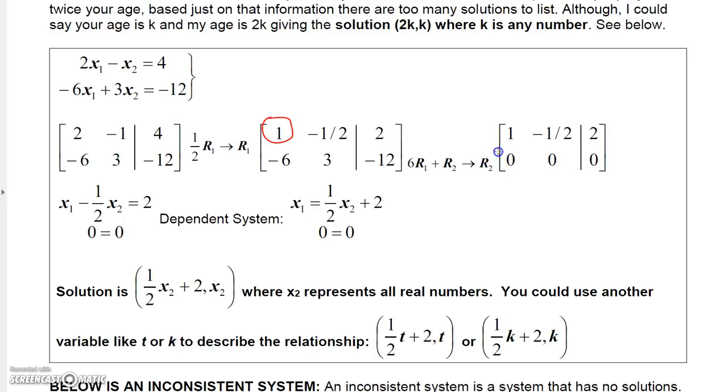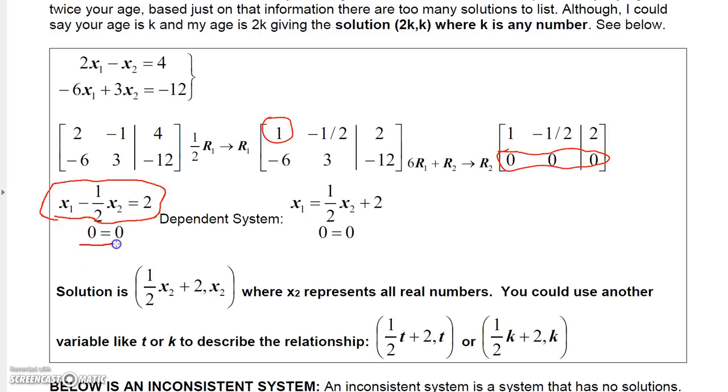When that happens, we basically get two equations. The first equation up here is x minus 1/2 y equals 2. You can still call it x and y if you want to, but I used x1 and x2. So we get x1 minus 1/2 x2 equals 2.